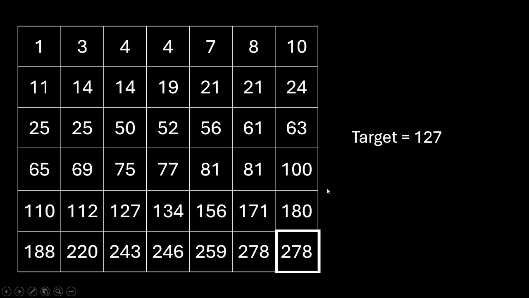And similarly, this 278, we can't use this as well. Why? Because we have a similar problem. All the elements on the top are lesser than 278 and all the elements on the left are lesser than 278.